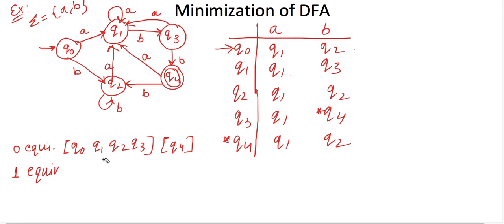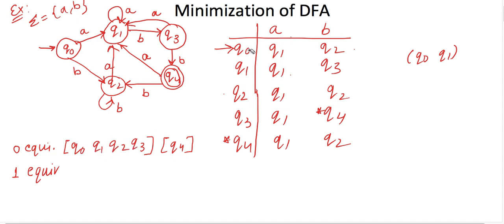I think you should be getting some idea. Okay, so watch it. Let's check how we will be checking it. First of all, we will check q0 and q1. For q0 it is q1. Q1 is in the same group as q0.